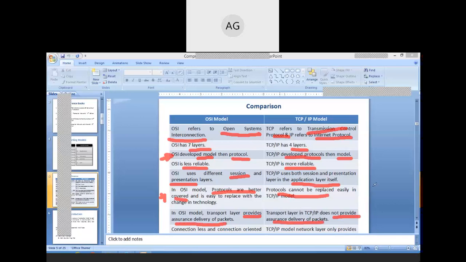So the packets may or may not reach, as it provides both connections. With TCP, it provides the connection-oriented protocol, whereas with UDP, it provides the connectionless protocol. So sometimes the packets are not received by the receiver.